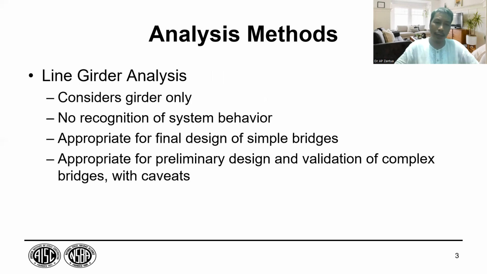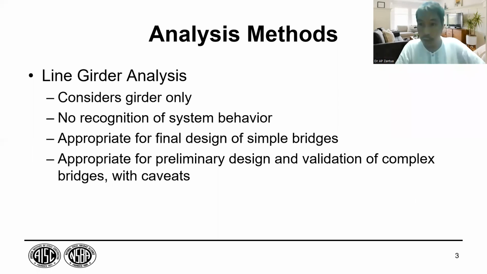Okay. The next type of analysis method is what we call, again, line girder analysis. What do you mean by line girder analysis? Either it is one dimension or 2D or 3D, it considers girder only. Okay, so girder meaning beam analysis. So we are going to use the beam.